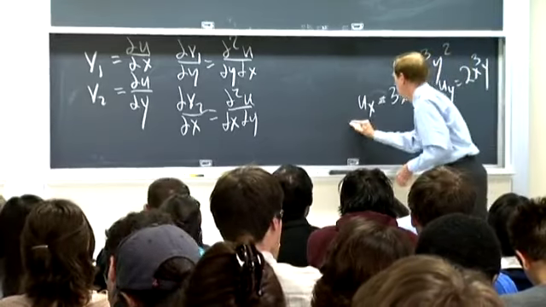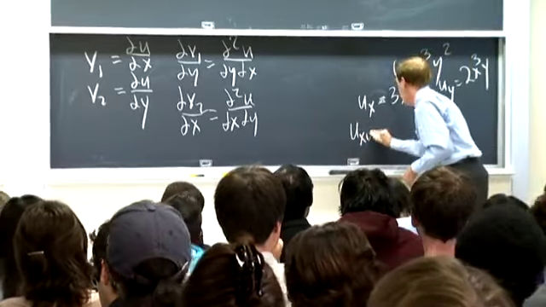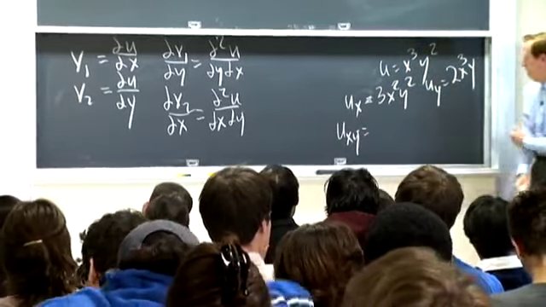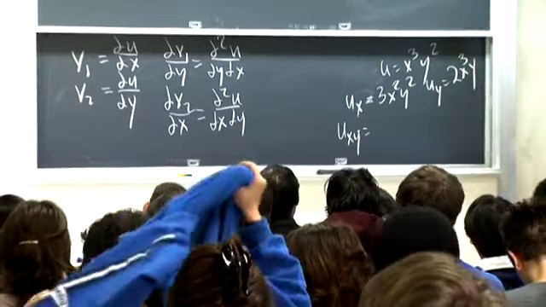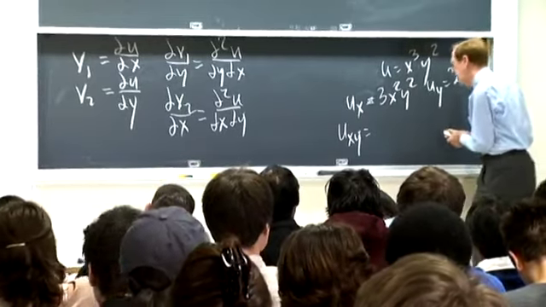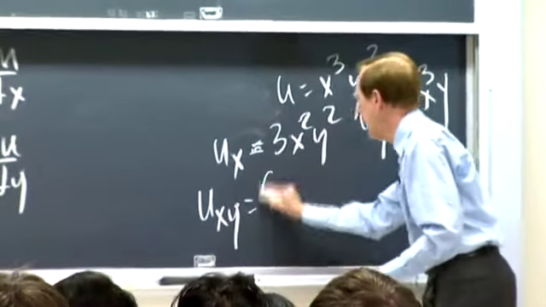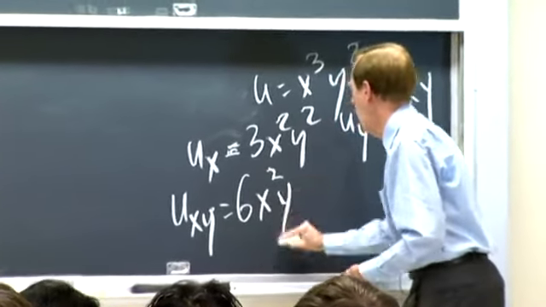And now let me do uxy, the y derivative of this. Well, it's been a long weekend, but we can do these. The y derivative of that is going to be 6x squared y.